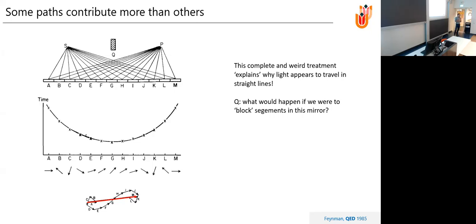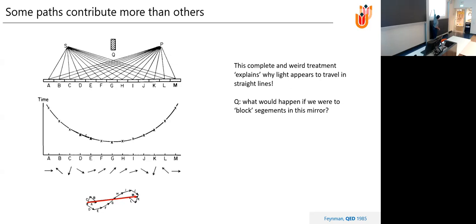Now, for each of these ways, these trajectories, you could draw an arrow, and in the end, to calculate the total amplitude for light going from S to P, you would have to add up all these little arrows. So here you see the time it takes for the light to go from S to P as a function of the segment. The shortest time it takes is if it goes from S to segment G and then to P, that's the shortest time.